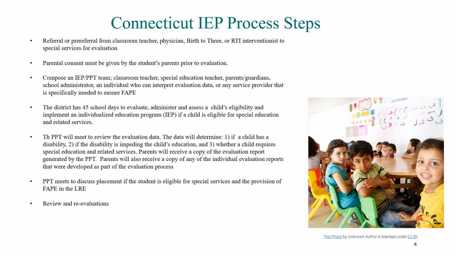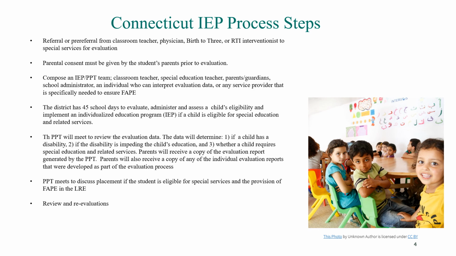The data will determine if a child has a disability, and what that disability looks like, if the disability is impeding the child's education and understanding of academic material, whether a child requires special education and related services, and what that education might look like, if he or she needs to go into small group instruction, in addition to what the least restrictive environment looks like for the child.